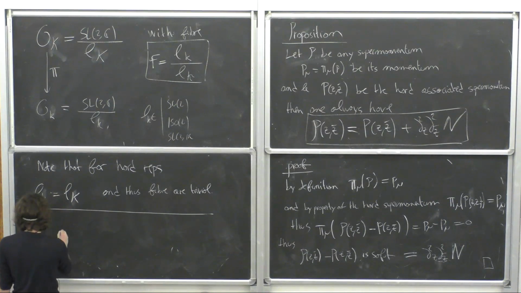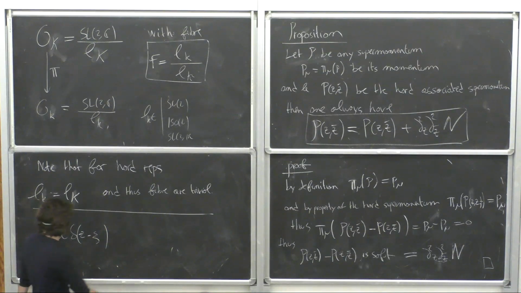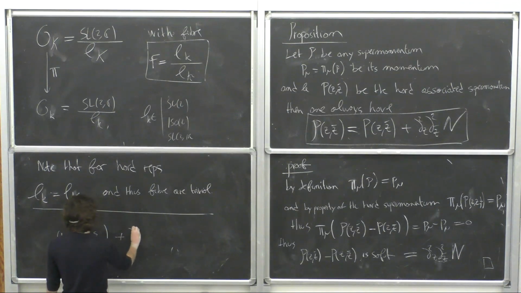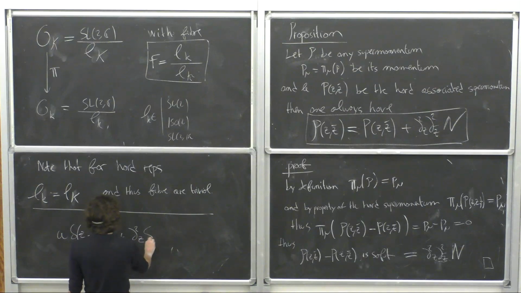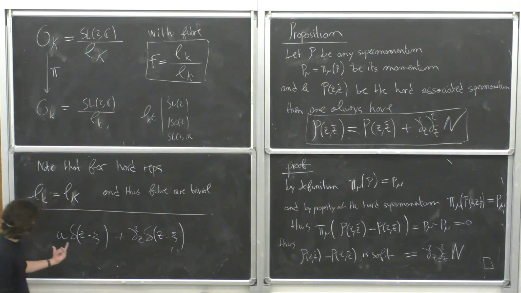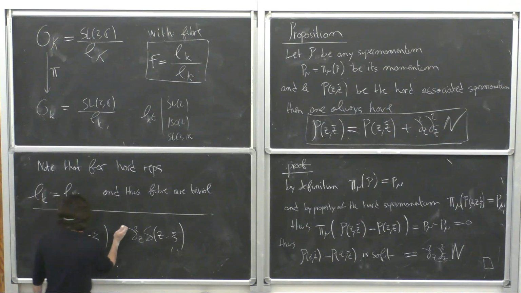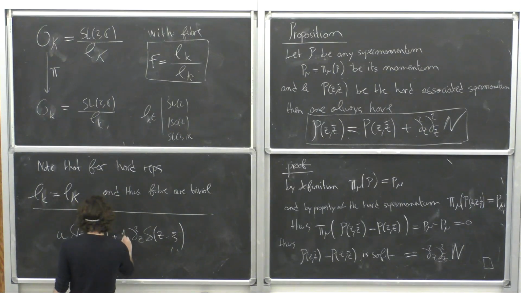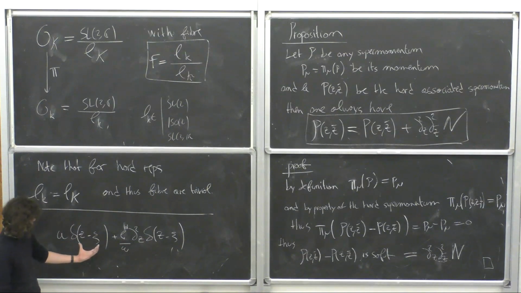Take what I described as hard massive supermomenta, plus you add two derivatives of a delta function, z minus z. To be correct, I need 1 over omega and an exponential, something like this.